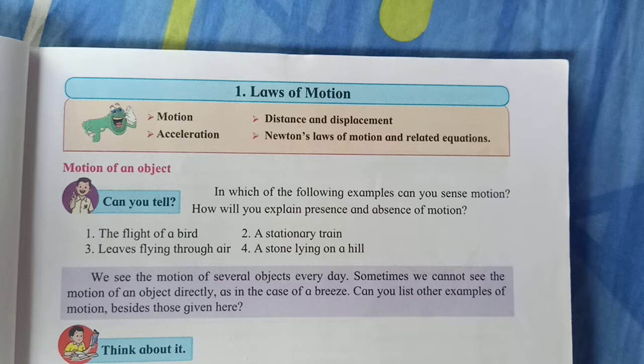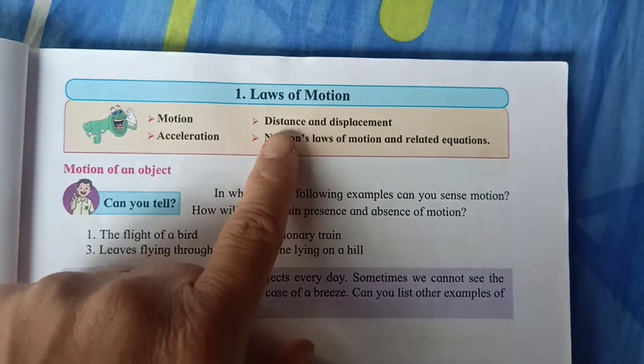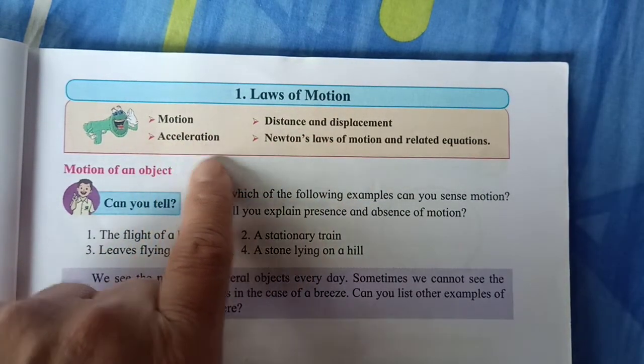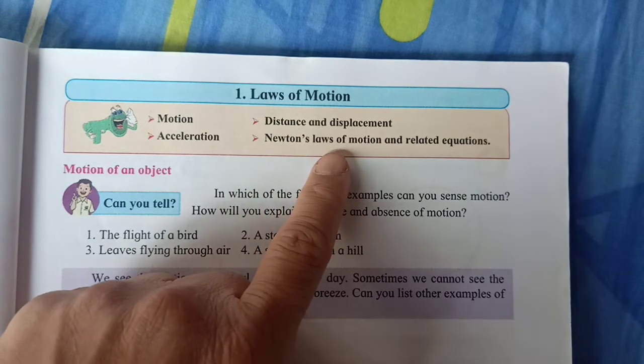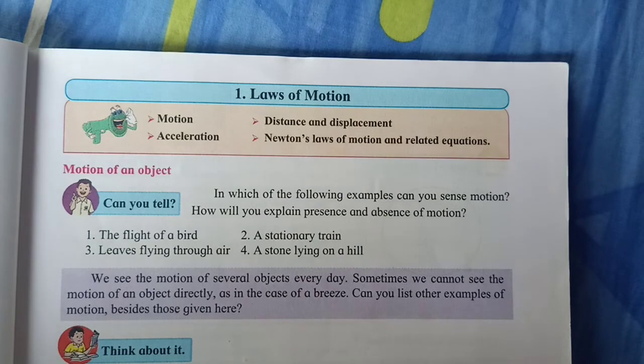This is an important topic. It includes motion, distance and displacement, acceleration, and Newton's laws of motion and the related equations of motion. Those 4 units are very important in the laws of motion.